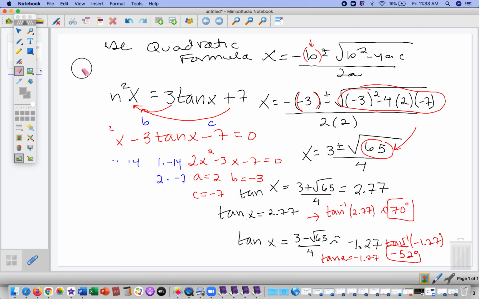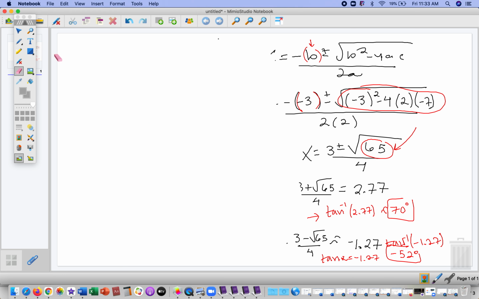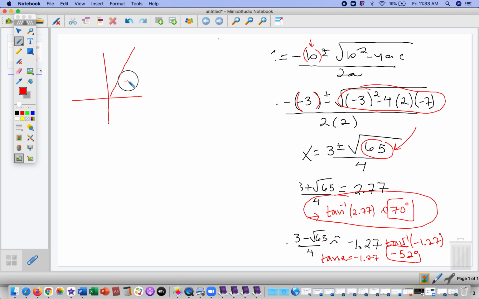Now let's come over here and figure everything else out. So for the first one, if we figured out that tan inverse of 2.77 was 70 degrees, we know that we're looking for positive tan values.